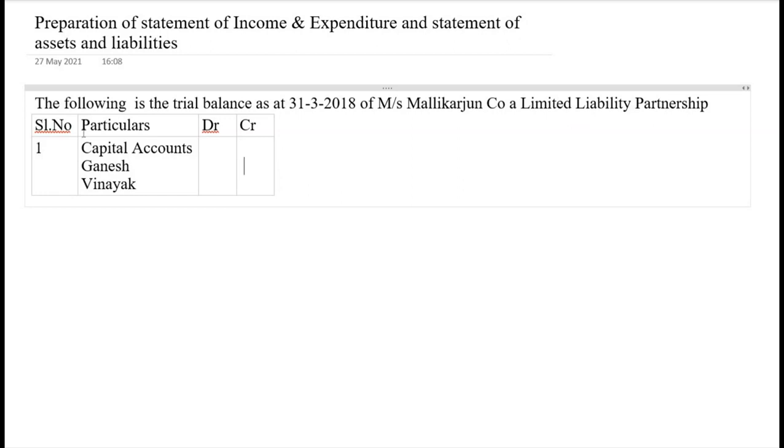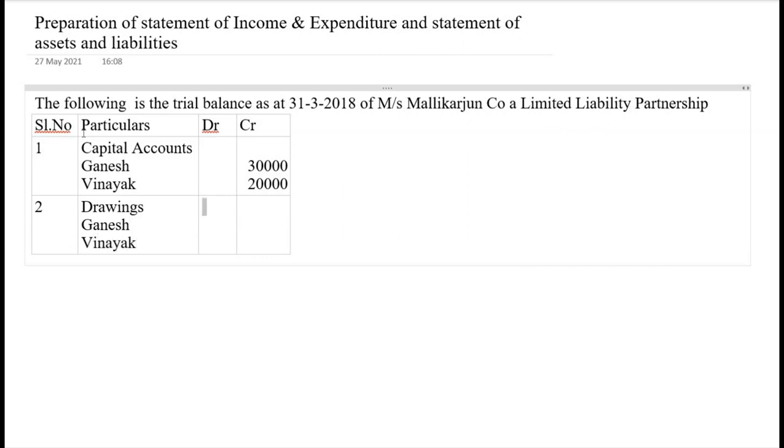Ganesh 30,000, Vinayak 20,000. Then number 2, drawings, Ganesh, then Vinayak. Ganesh drawings amounted to rupees 10,000. Vinayak drawings are rupees 5,000 here.